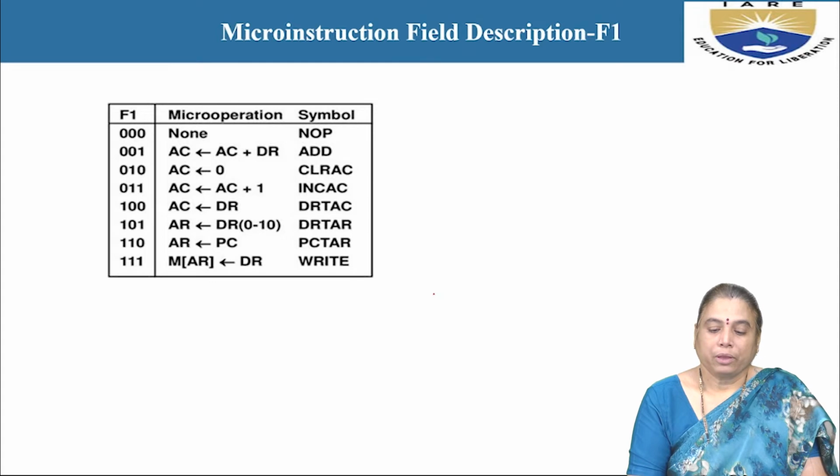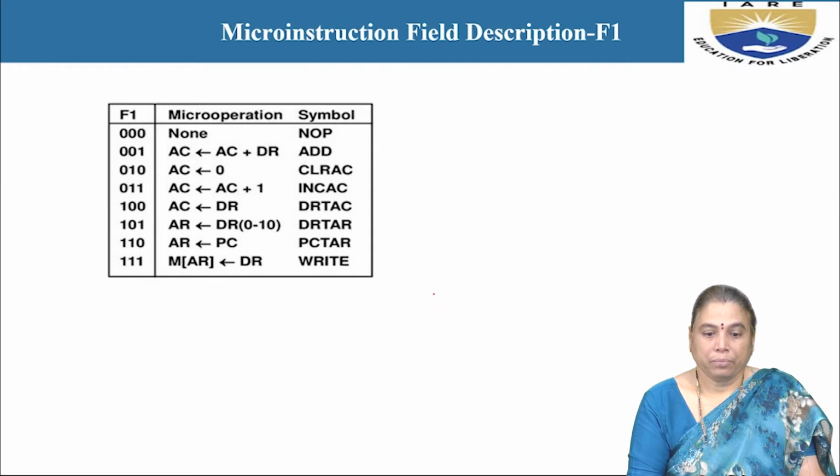So here is the microinstruction field descriptor 1. The micro operations can be divided into 3 fields F1, F2, F3. So what is F1? F1 occupies 3 bits.